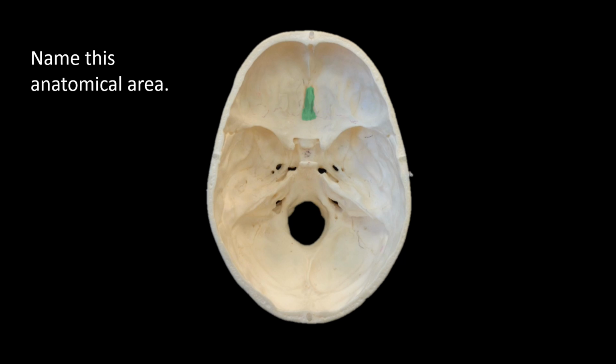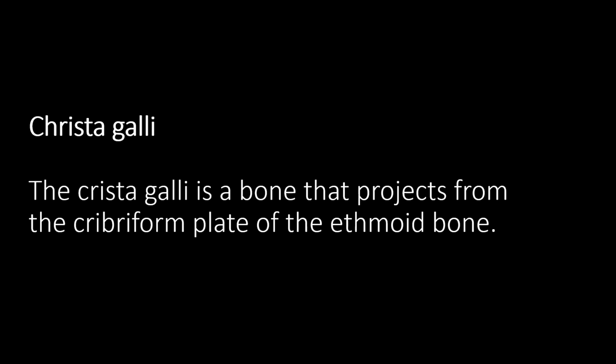Name this anatomical area. Crista galli. The crista galli is a bone that projects from the cribriform plate of the ethmoid bone.